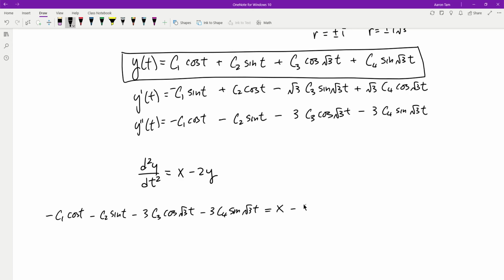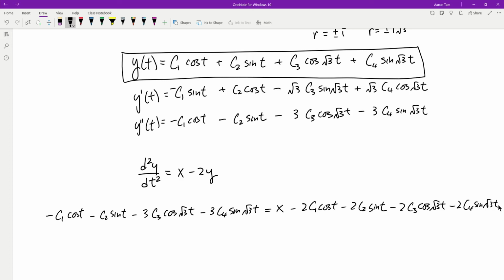So therefore it becomes minus 2c1 cosine t minus 2c2 sine t minus 2c3 cosine radical 3t minus 2c4 sine radical 3t. I know it looked massive, but technically speaking, there are only 4 terms involved: cosine t, sine t, cosine radical 3t, and sine radical 3t with their c1, c2, c3, c4 in front.